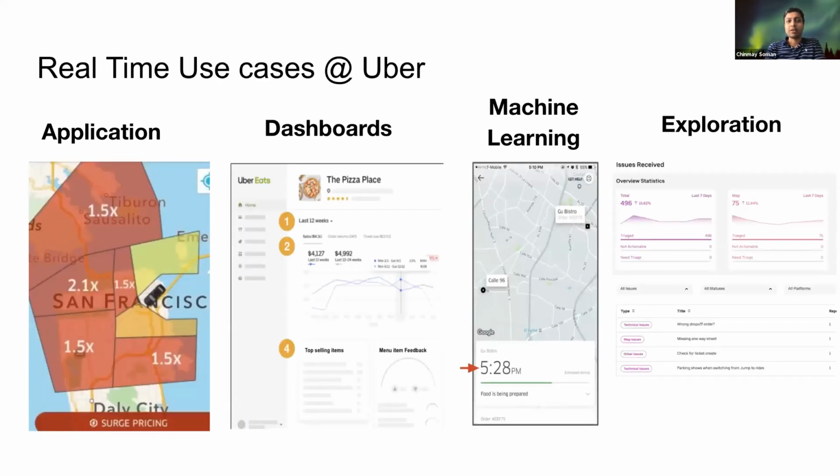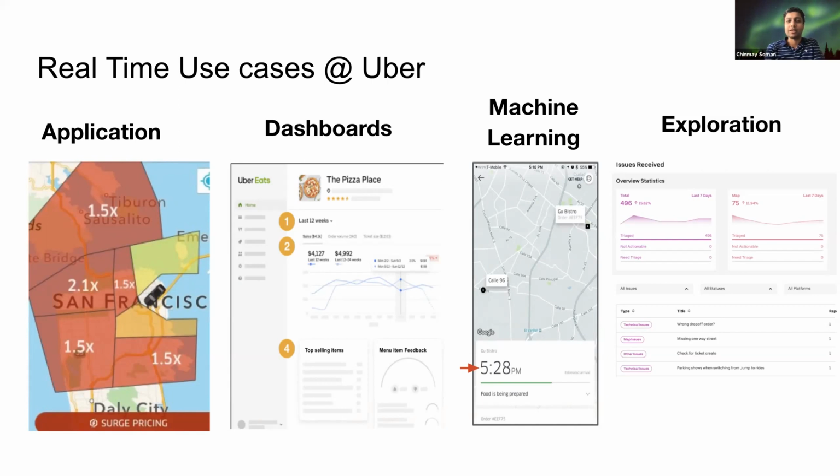So there are several use cases within Uber that need real-time data analysis, and they can be grouped across these four categories as shown here. For example, surge pricing is an application that computes the dynamic price of a trip by processing several demand and supply related data in real time.